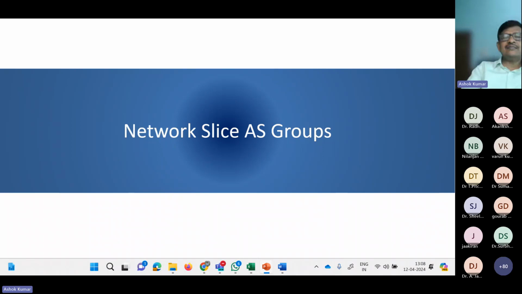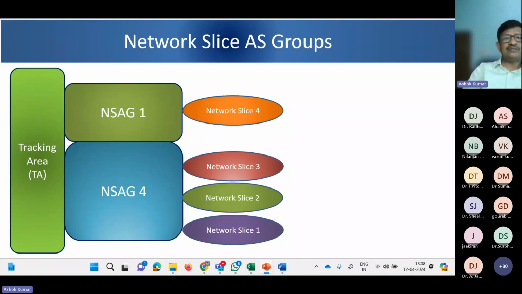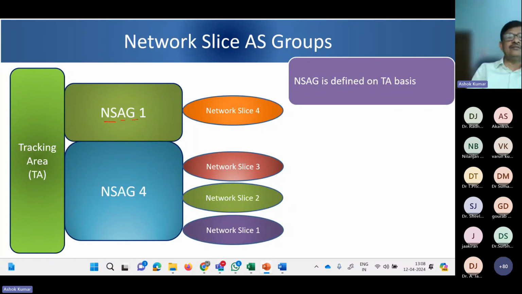The second is something called AS group. AS is nothing but access stratum. So there is the network slice AS group. What I'm trying to say here is that on a tracking area basis, a tracking area is a cluster of gNodeBs.